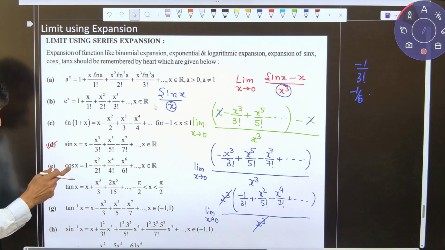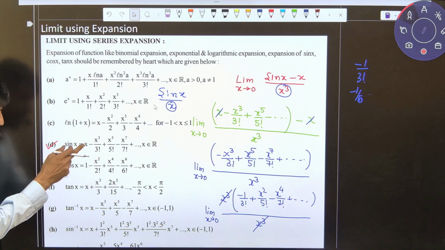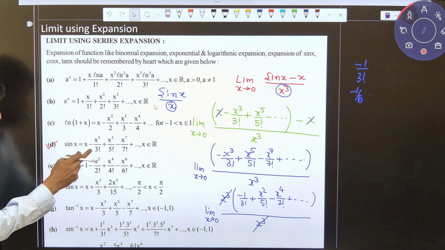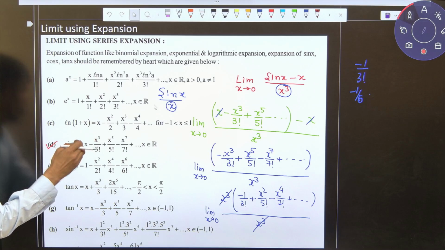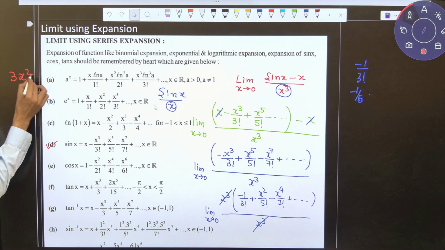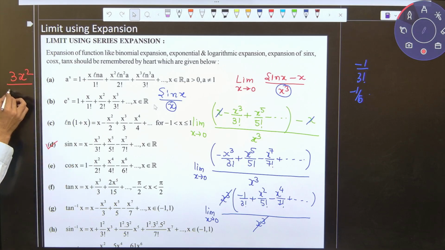Sin x differentiation is cos x. Now x differentiation is 1. Minus, minus. Now x cube differentiation is 3x square. Now 3x square upon 3 factorial is there. How you can write 3 factorial? 3 into 2 into 1. 3 3 cancel. This will become x square by 2 factorial. 2 into 1 is 2 factorial.